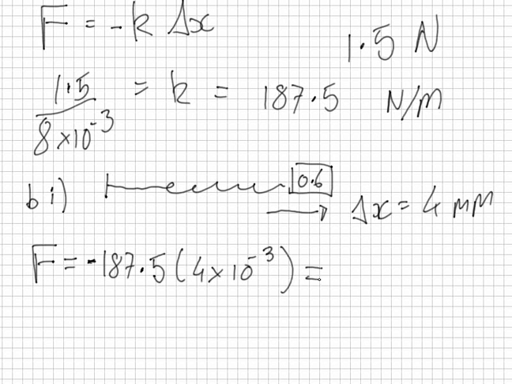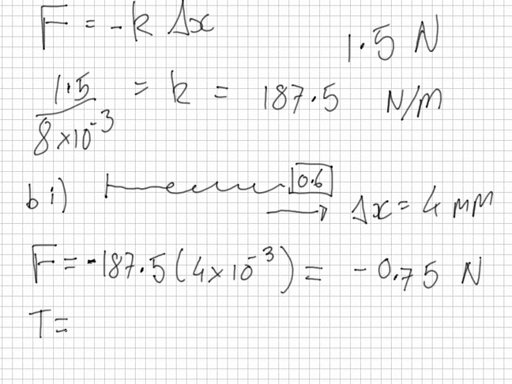Andy, MB, do you mind typing this in? Minus 0.75 newtons. Okay. I know he didn't ask for it, but they could have easily asked for this instead, so I just wanted to do it for you anyways. Now he actually wants the time.